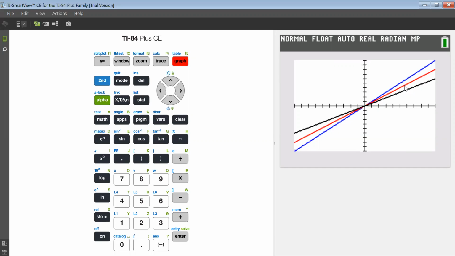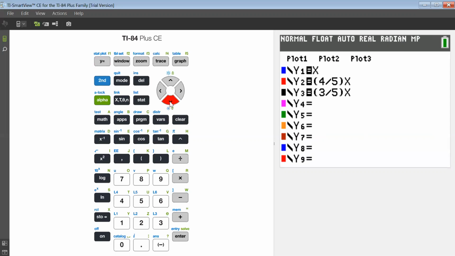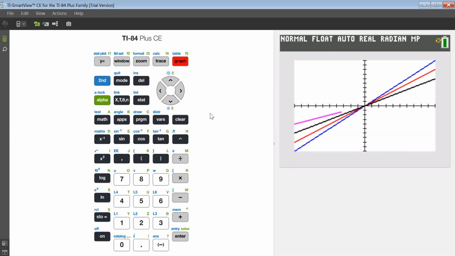So 100%, 80%, 60%. What's happening is that we're still a positive slope, but it's not getting as steep. It's actually flatlining. It's getting closer and closer to 0 as a slope.